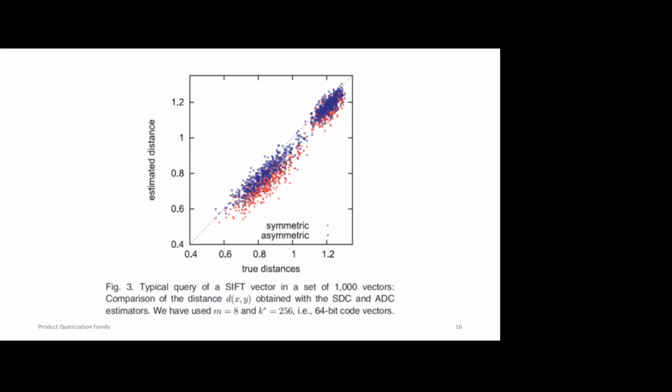You can see that the blue points are much closer to the diagonal, and the red points are much lower than the diagonal. So it means the estimation for the asymmetric distance is more accurate than the symmetric one.